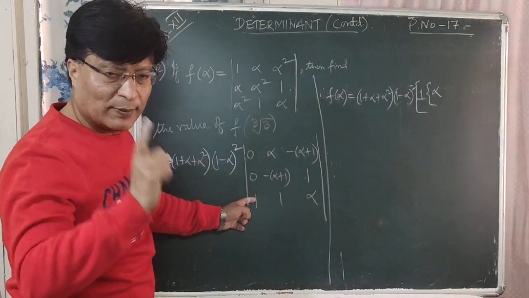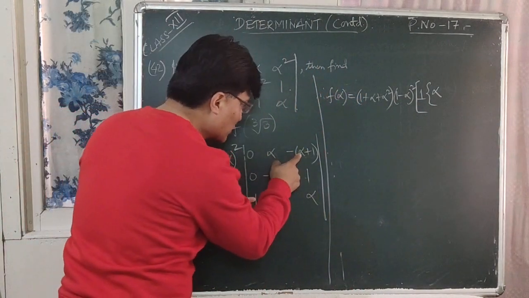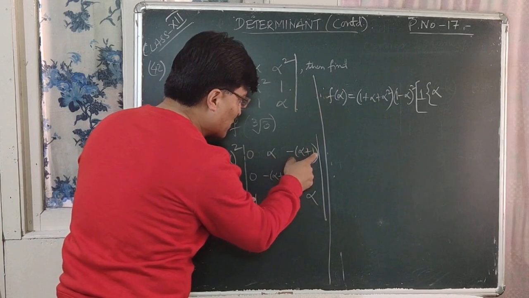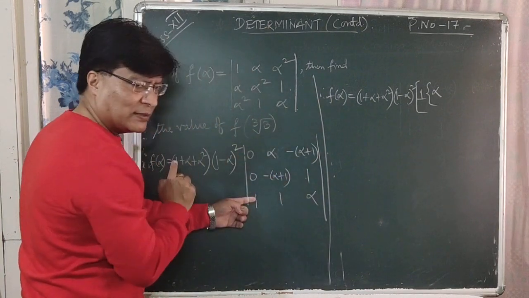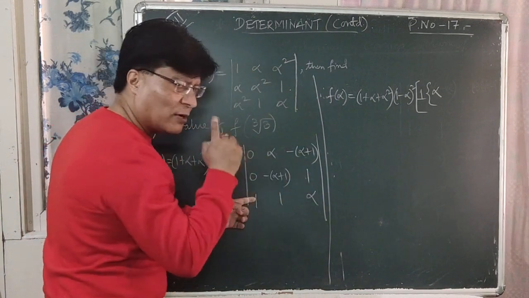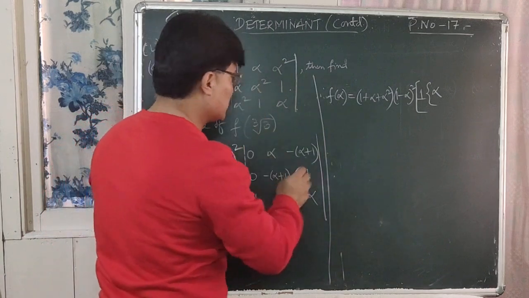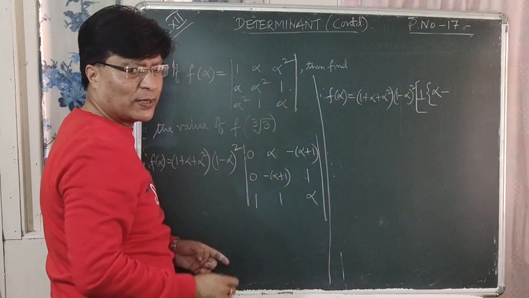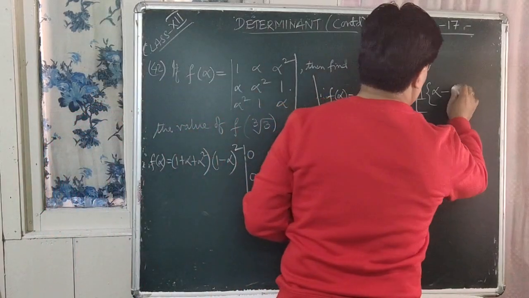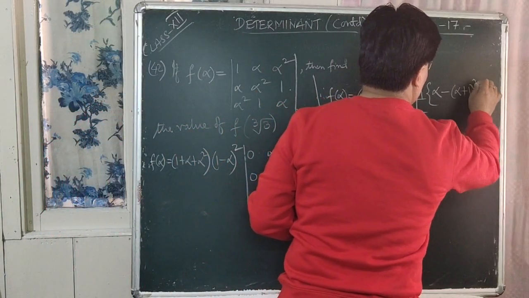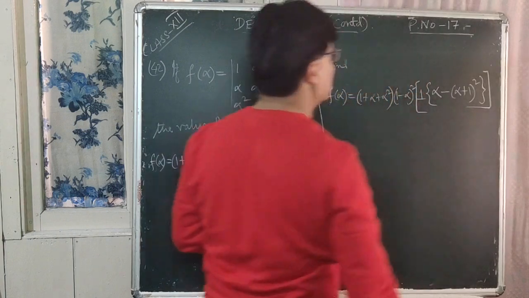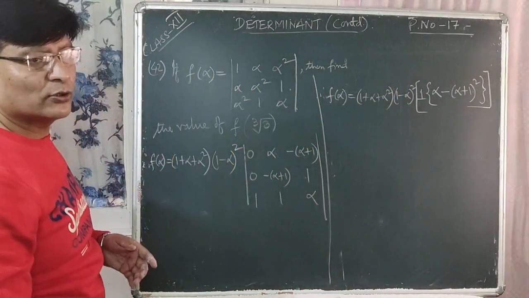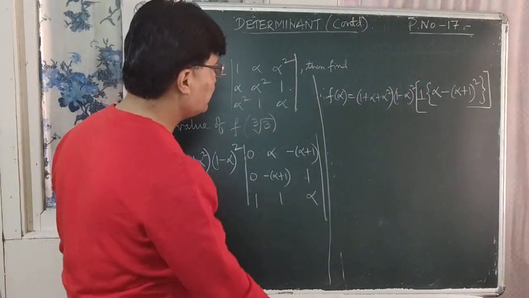Then minus sign will be there, but again you have to cross multiply minus alpha plus 1 by minus alpha plus 1, right? So minus into minus plus, already minus was there, so minus into plus is minus. So what is alpha plus 1 into alpha plus 1? Alpha plus 1 whole square. So it is alpha plus 1 whole square, second bracket closed, then third bracket is also closed, right?